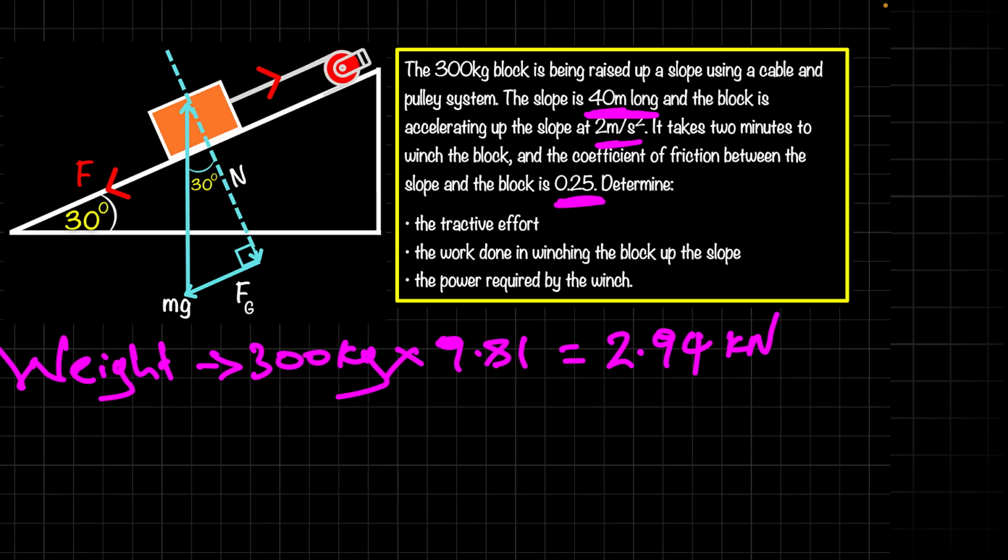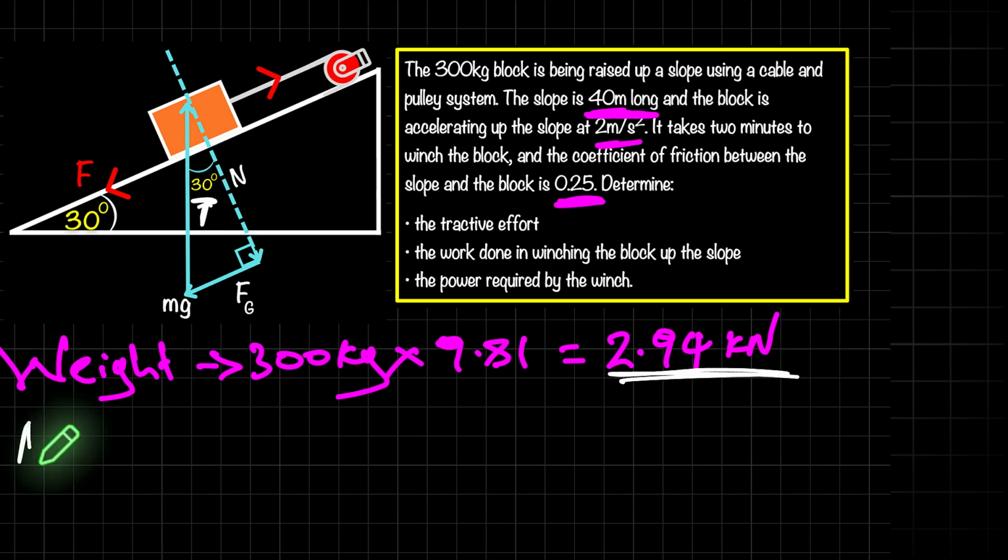Now we have that. Let's consider the mg, the hypotenuse side of the triangle, and we have this 30 degrees right there in the middle. What we're going to do is use what we now know to be the weight, which is 2.94 kilonewtons, to find those two force components I mentioned earlier.